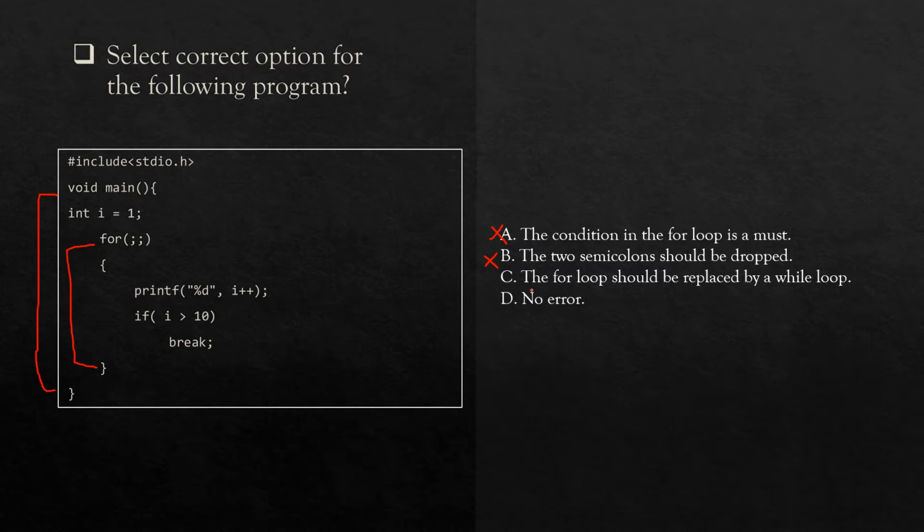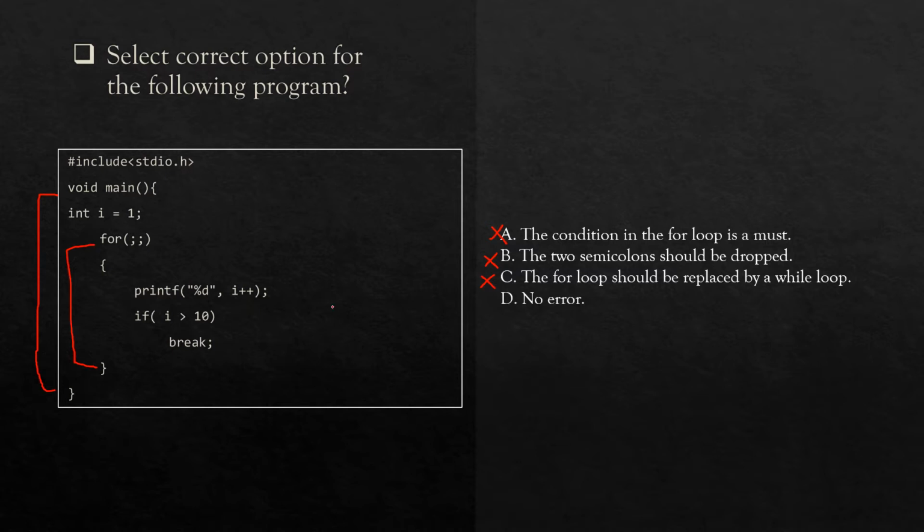The third option says that the for loop should be replaced by a while loop. This is also wrong. Why? Because if you run this for loop, it is not a wrong for loop. This is a correct statement for a for loop.